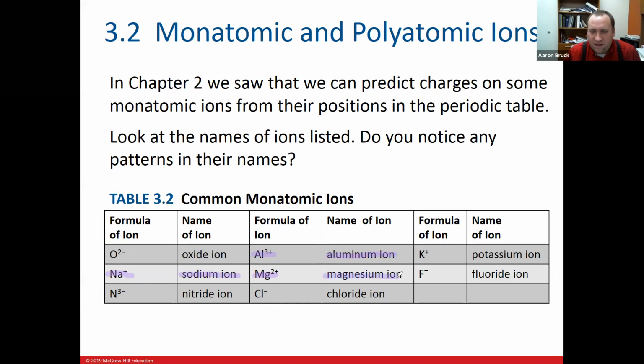Mg2+ is the magnesium ion. K+ is the potassium ion. All of these metal ions carry the charge of their family, +1, +2, +3. And to turn them from an element to an ion, all we have to do is attach the word ion to the end of the name to signify that this is the sodium ion as opposed to sodium metal. That's the difference between sodium, Na, and sodium ion, Na+.